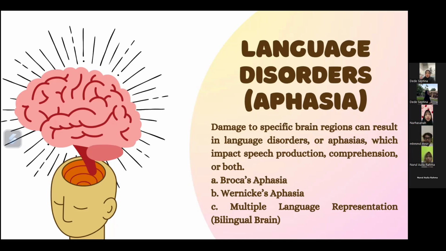For example, instead of saying I want to eat fried rice, they may say something like want rice eat. So they talk slowly and with difficulty. That's my presentation to the others. Thank you.